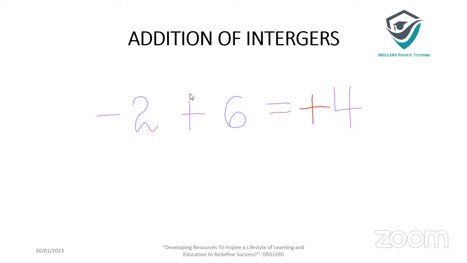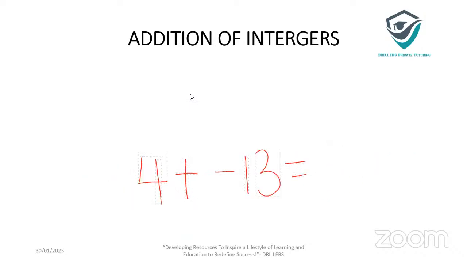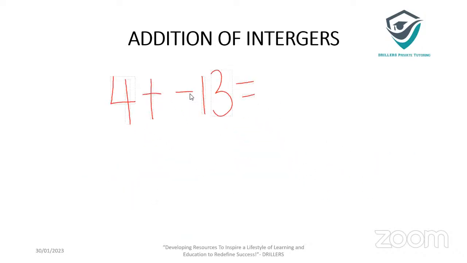Then if I add, let's just say, 4 add negative 13. So here's where it gets a little tricky. So we have 4 add negative 13.